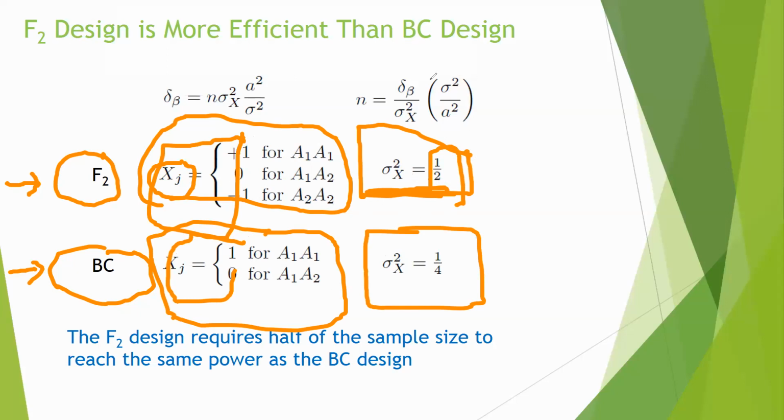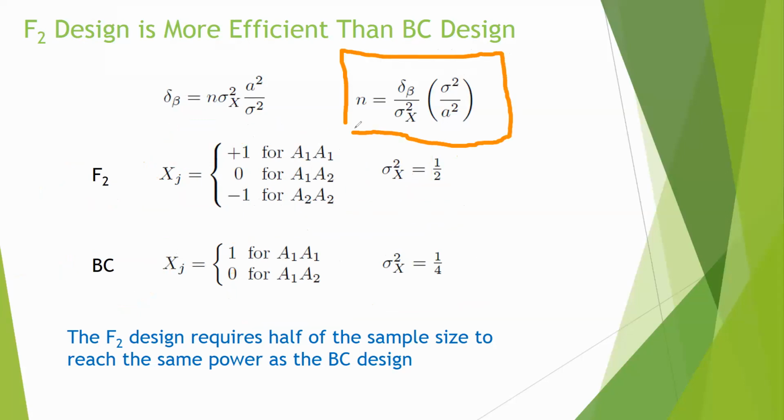Now, the key point is, if you use this power calculation to calculate the required sample size for each experiment, you're going to see this sample size n is inversely related to this. So the larger variance in the design matrix will give you better power.